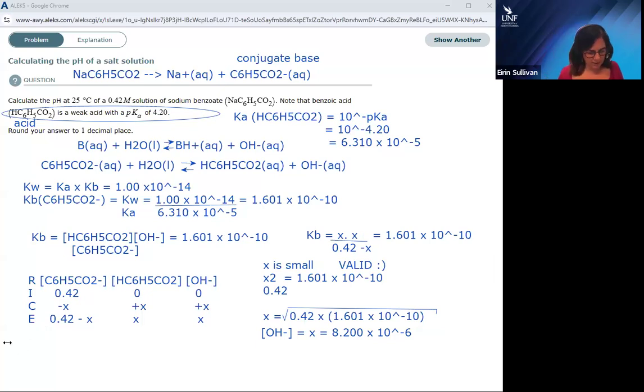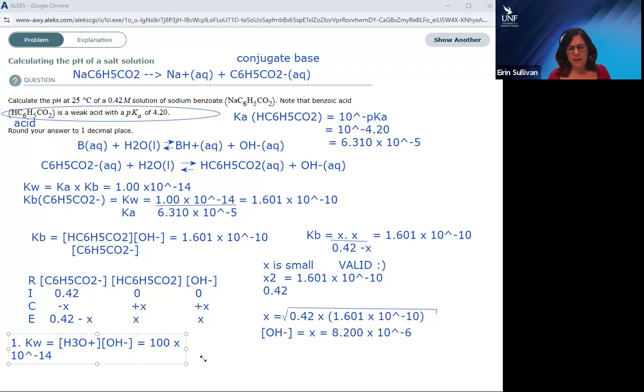So 2 ways to do that. I will show you both because I don't know what you've been taught or what makes more sense to you. So one version is using Kw equals the concentration of hydronium times the concentration of hydroxide. Therefore, we can use that to calculate the concentration of hydronium from hydroxide, because Kw is always 1 times 10 to the power of minus 14.